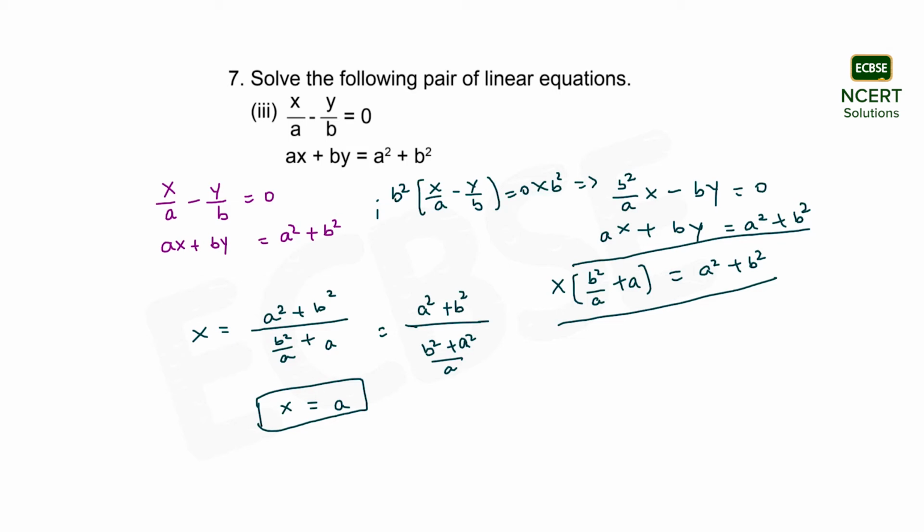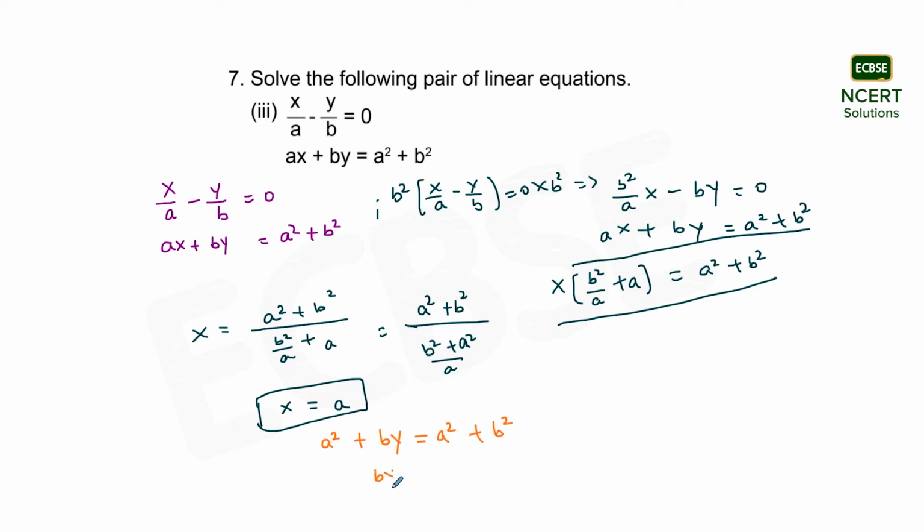So let me substitute this value of the x in, say, second equation, that is ax plus by is equal to a square plus b square. So substituting here, I'll be getting a into a, that is a square, by placing the value of the a in this, that is a square, plus by is equal to a square plus b square.